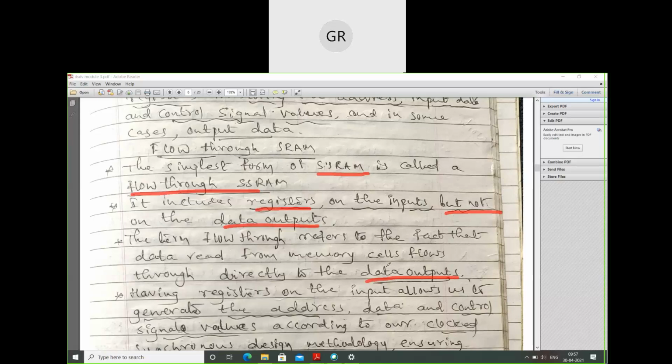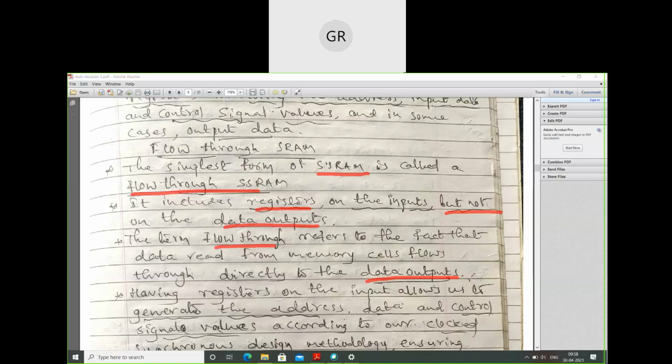But here, on the memory output, we don't have registers. The registers are only on the input, but not on the output. Why do we call it flow-through? The flow-through refers to the fact that data read from the memory cell flows through directly to the data output.